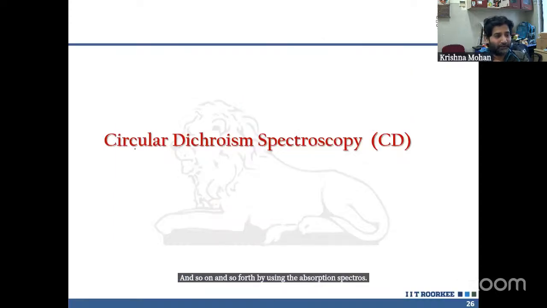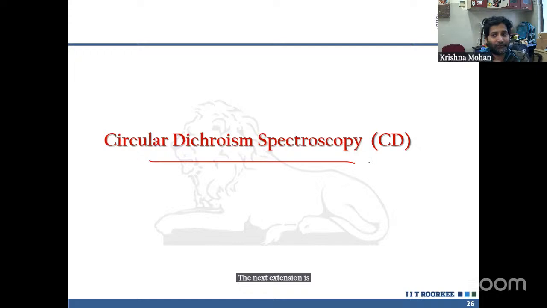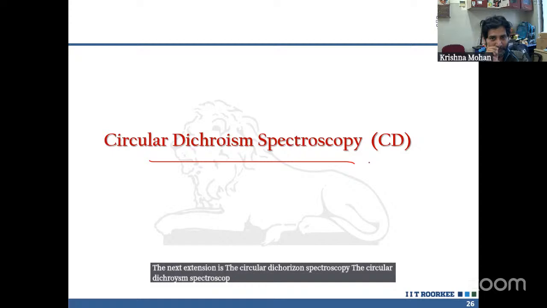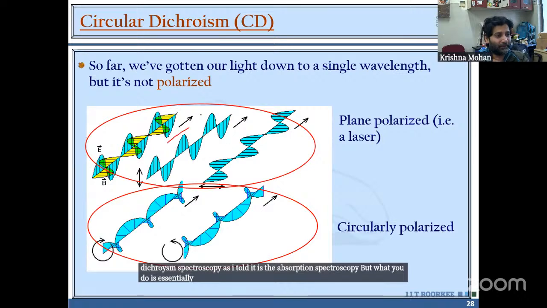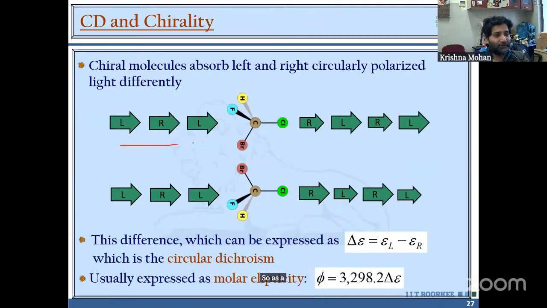The next extension is circular dichroism spectroscopy. Again, as I told, it is absorption spectroscopy, but instead of a simple light source, you use polarized light. So in the chemistry, you have right or left polarized light.